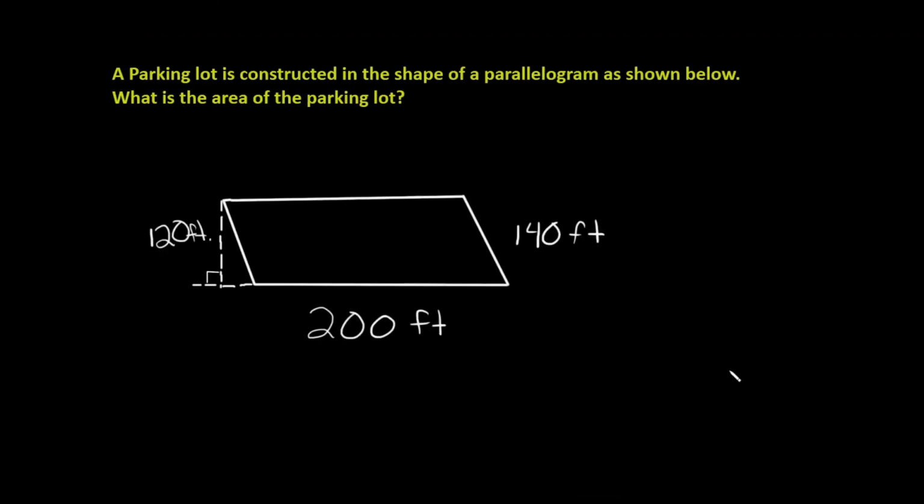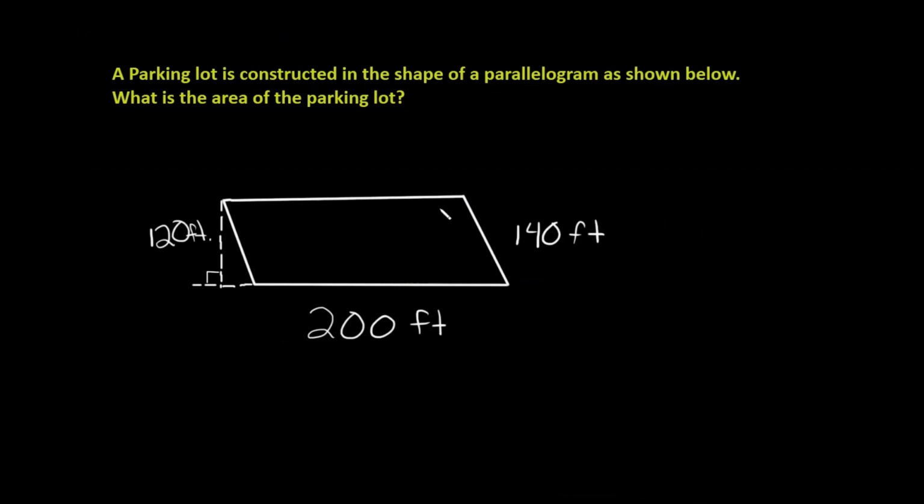Now we are told that a parking lot is constructed in the shape of a parallelogram as shown below. So here's the parking lot. And then we want to find the area of the parking lot. Well, we just need to find the area of this parallelogram, and you already know how to do that. The formula to do this is the area is equal to the base times the height, right? So we want to find the base and the height in this example.